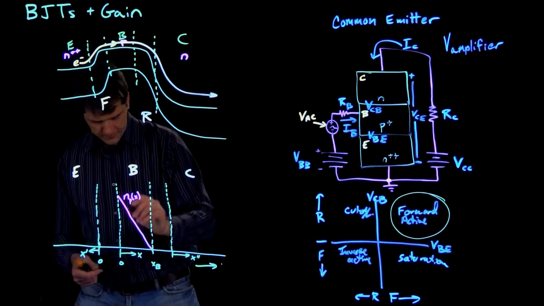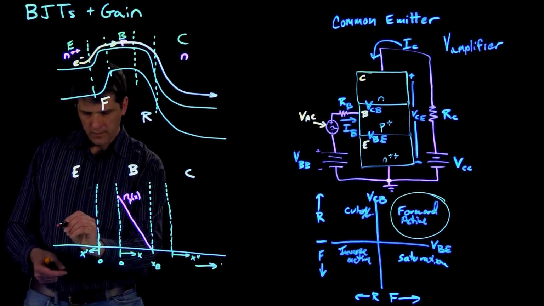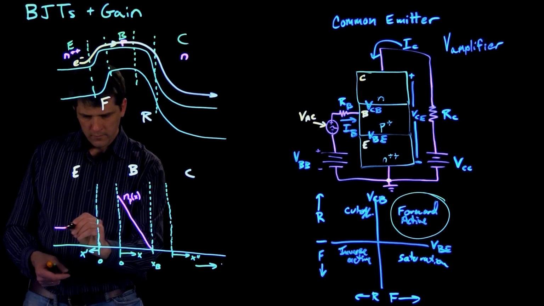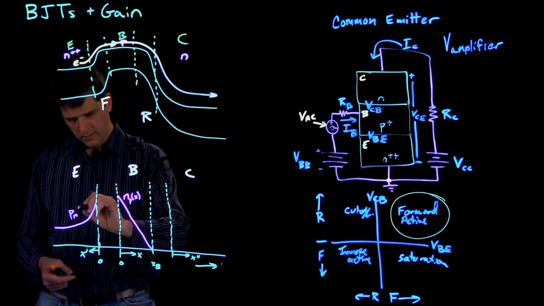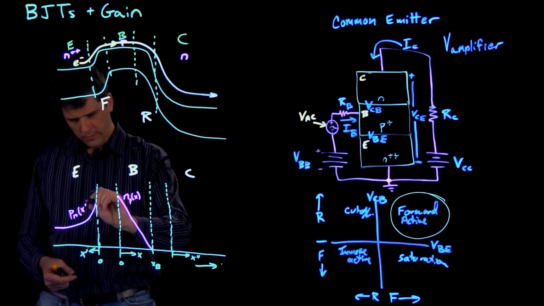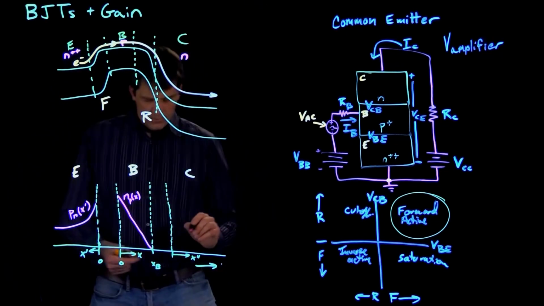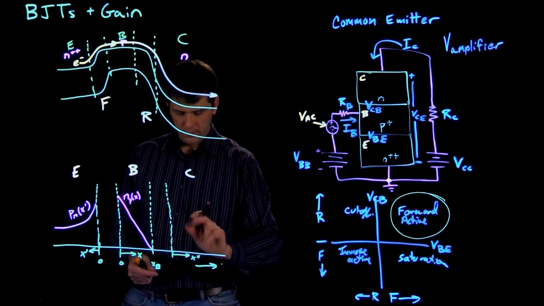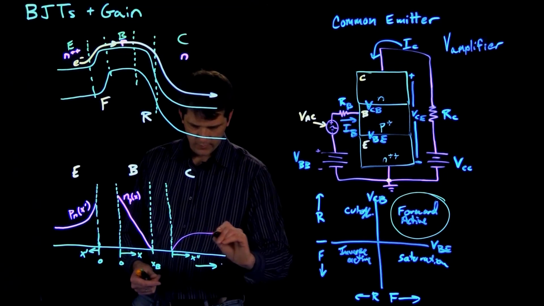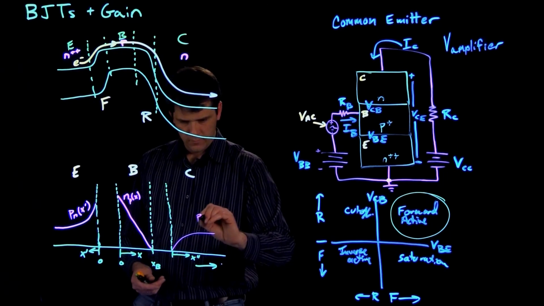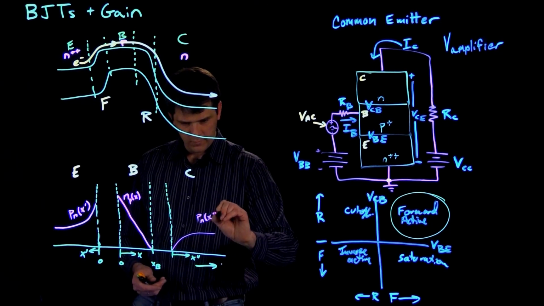In the emitter, we have holes, so this is p n of x prime. And then in the collector, because it's reverse biased, it comes up like this, and we have p n of x double prime here.